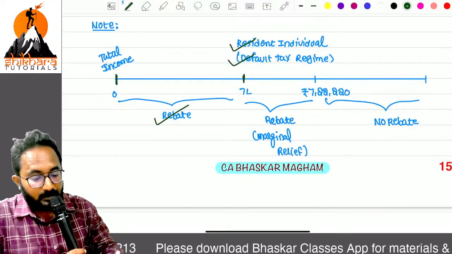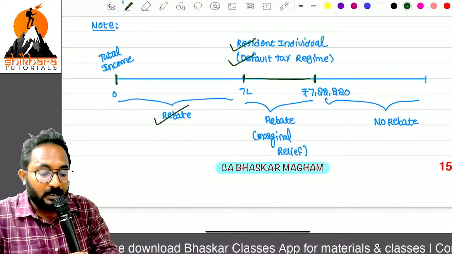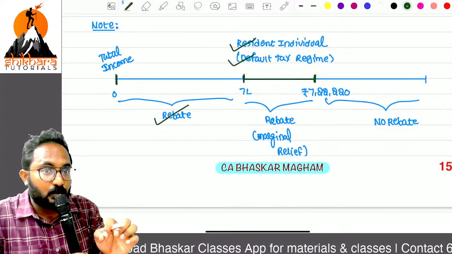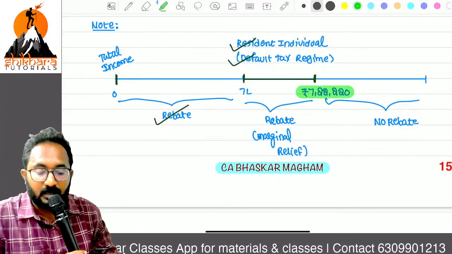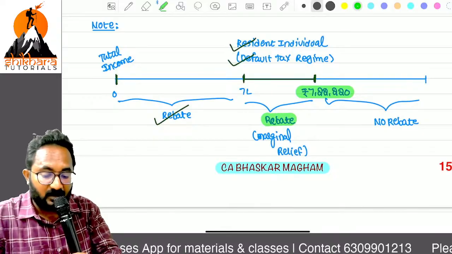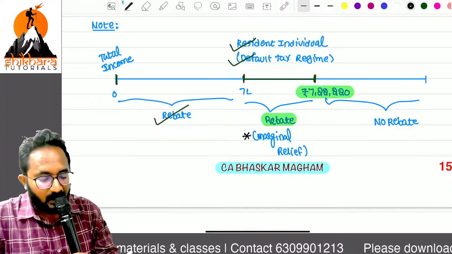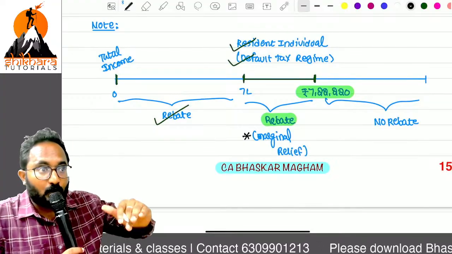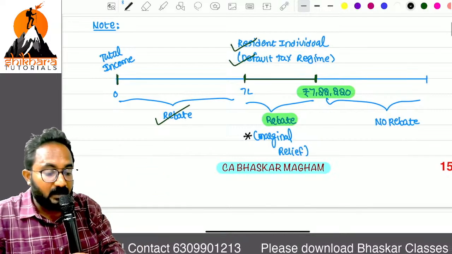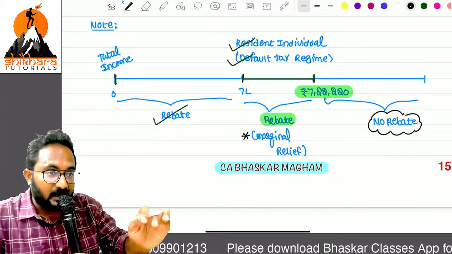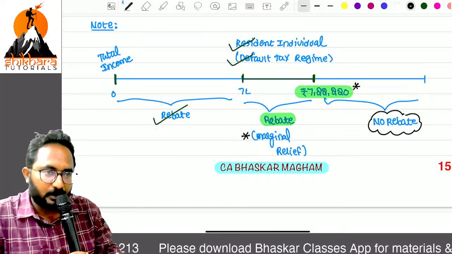But if your total income is above 7 lakh, up to 7,22,220, remember that number, you will get rebate under the marginal relief concept. Sir, if your total income is more than 7,22,220, there is no rebate even under the marginal relief concept. So that's why it is a landmark number you have to remember.